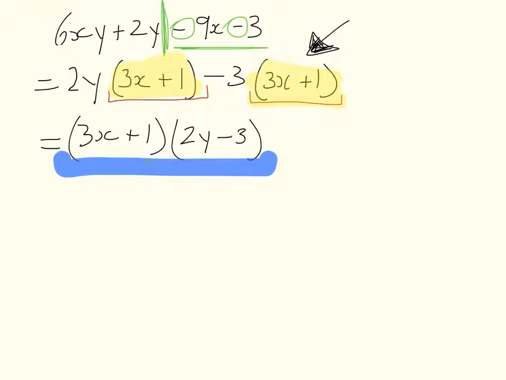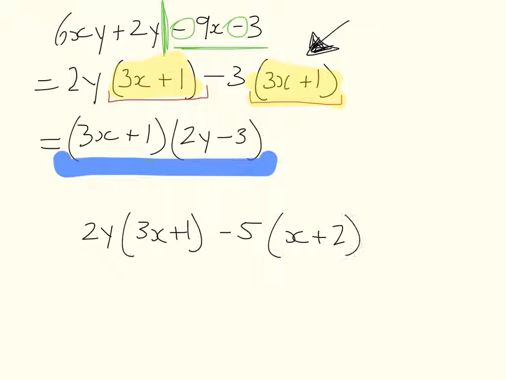Because if I ended up with something, say, like this, let's say I ended up with 2y outside of 3x plus 1, and let's just say we ended up with minus 5 outside of x plus 2. There is nothing we can do there. They share no common factors. This here is not the same as this here.